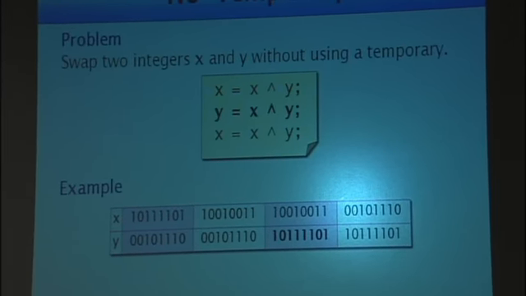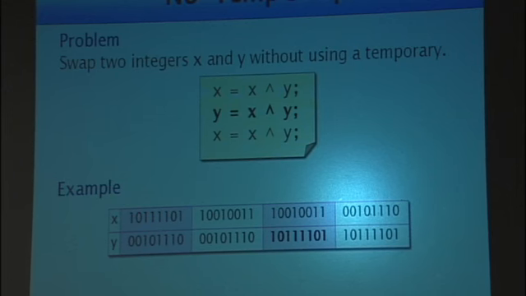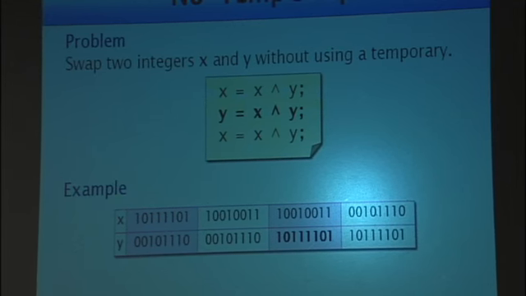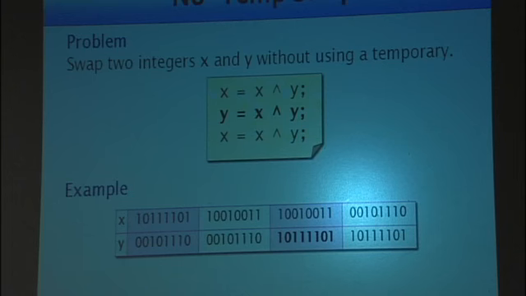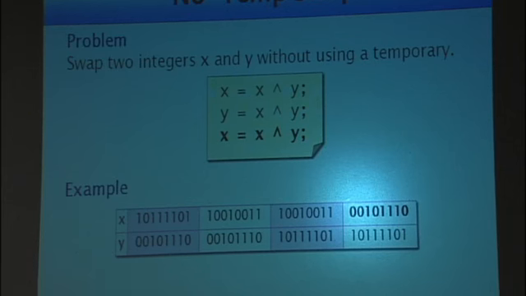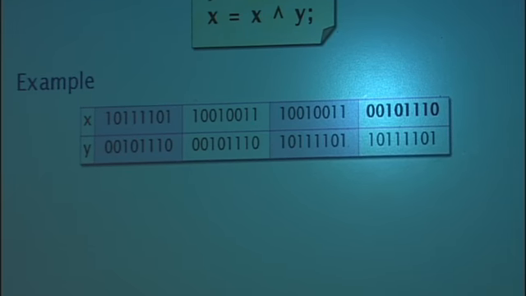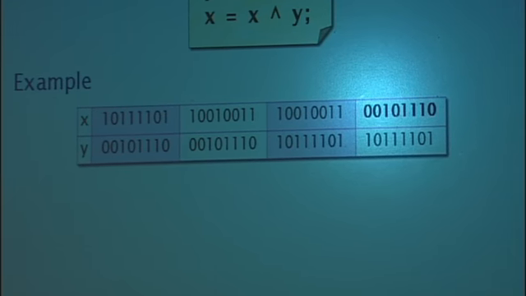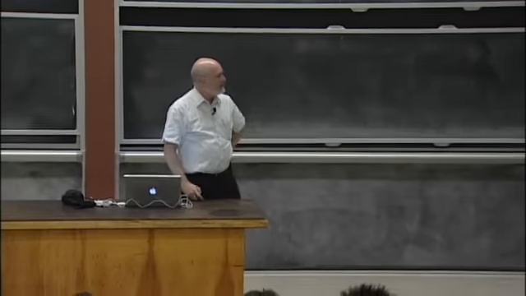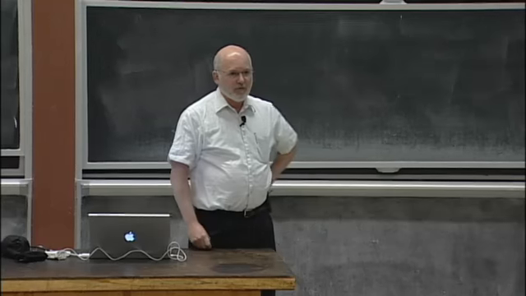Then I let y be the XOR of x and y. And then finally I let x be the XOR of x and y again. And now if you notice, that number is the same as that number, and that number is the same as that number. Magic. We're going to see a lot of magic today, actually. No temporary. Okay, why does this work?